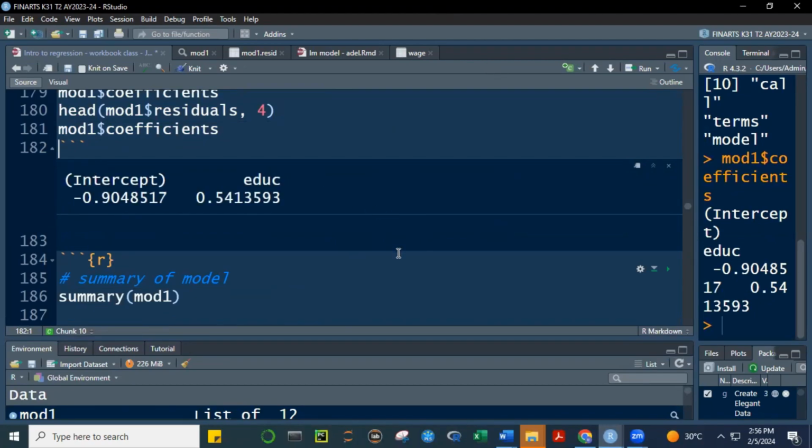So we were able to get our model, class, and our model is what we're predicting is hourly wage. It's equal to beta null plus beta 1 times x, where x is your education. So the equation is hourly wage is equal to negative 0.9 plus 0.54 times education, right? And using that, class, we can take a look at our data set.